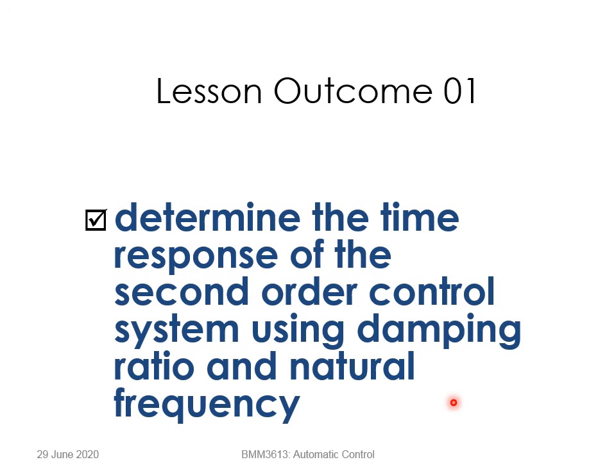Then we identified the different cases of values of zeta and the corresponding types of time response. And at the end, we studied and analyzed the performance criteria of a second order time response in the underdamped case, right? We looked at what rise time is and how to calculate it, what settling time is and the way to calculate it, as well as percentage of overshoot and other parameters.